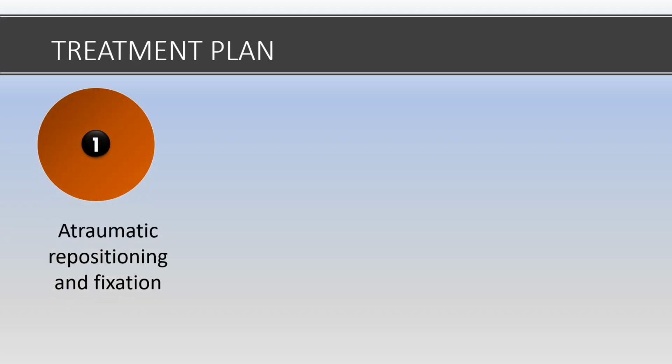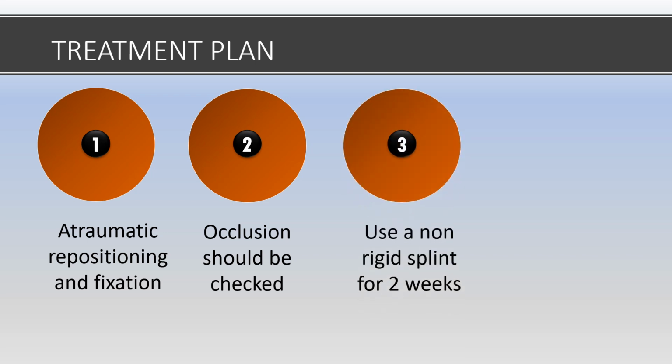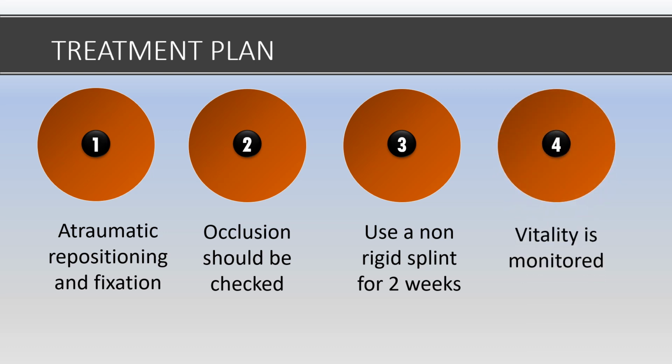So far, we have repositioned the extruded tooth and stabilized it with the help of a composite splint. Our next step is to check the occlusion to make sure that there is no pressure on the involved tooth. The splint that we have used is kept for about 2 weeks. During this time, the vitality of the involved tooth is monitored.